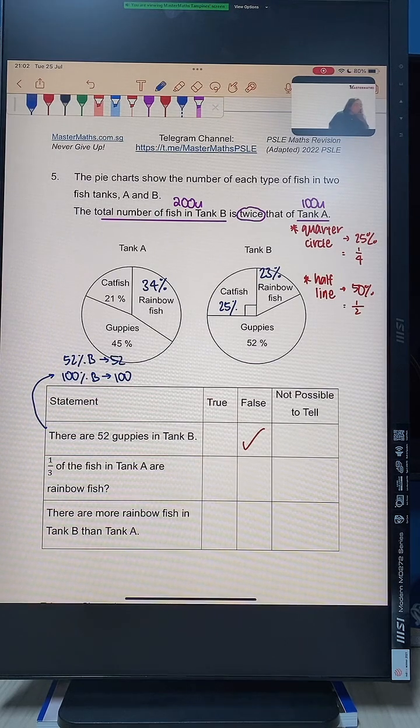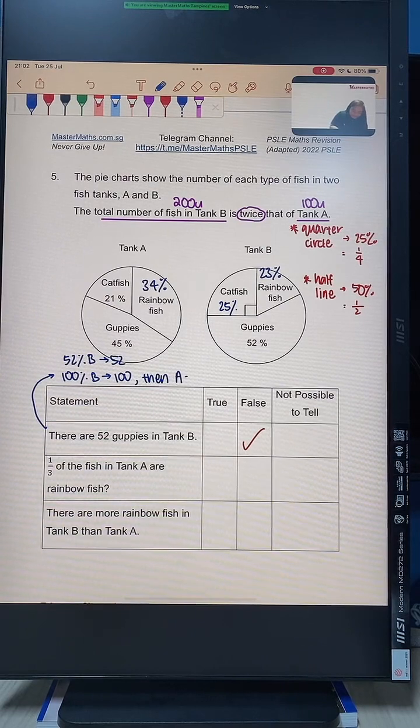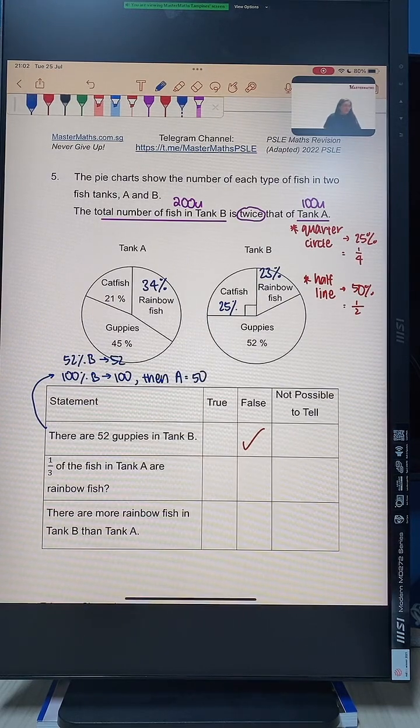For those of you who are saying this is not possible to tell, you are not quite correct, because if there are 52 guppies in tank B, that means 52% is 52, right? That means 100% in B is 100. There are 100 fish in B. If there are 100 fish in B, then A will be 50. Agree? Because B is twice of A.